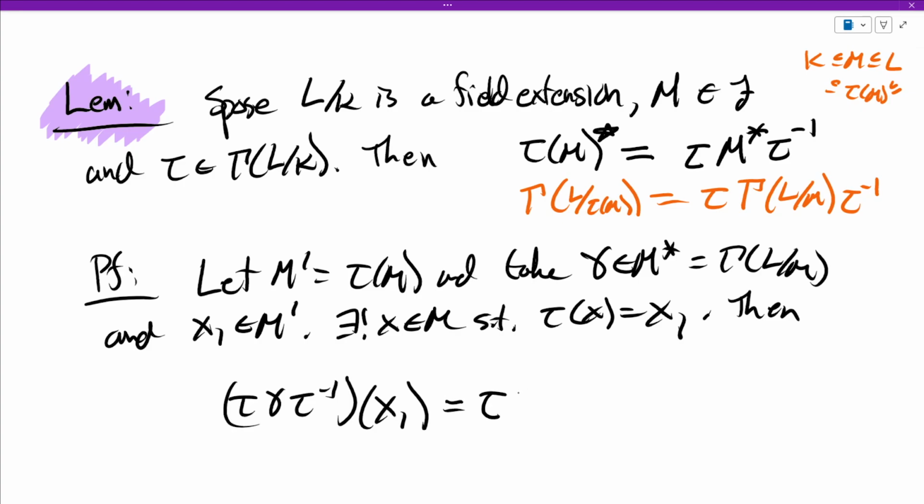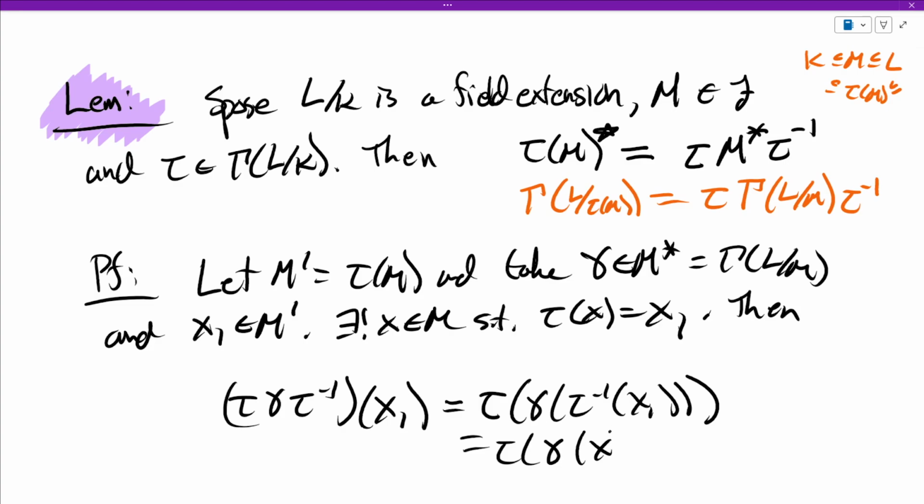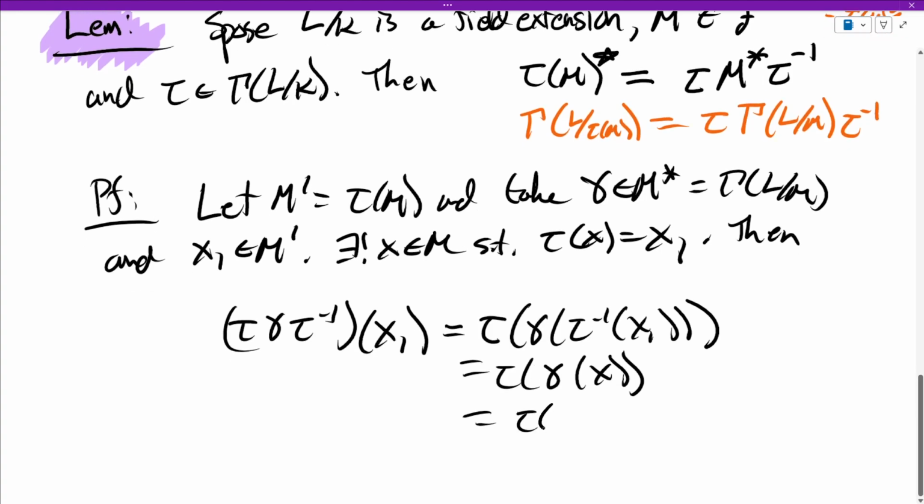We're going to do tau inverse, then gamma, then tau, applied to x1. Tau inverse of x1 is x because tau sends x to x1. x is in M and gamma fixes all of M, so this is just x back. And then lastly, x1 is what you get when you plug x into tau, so we get x1. So this element fixes x1.